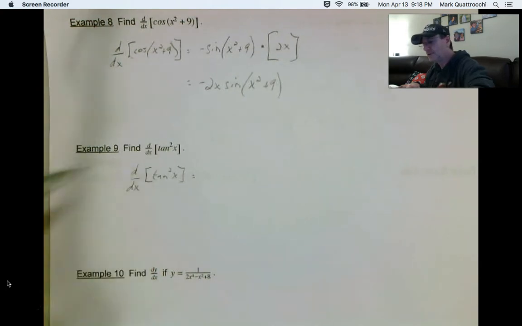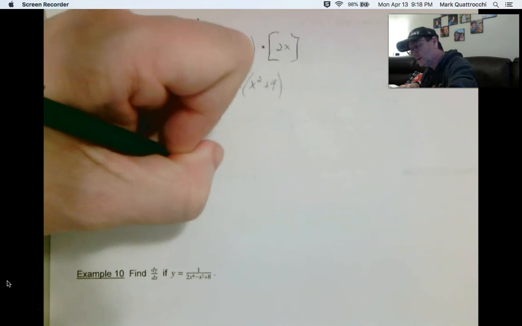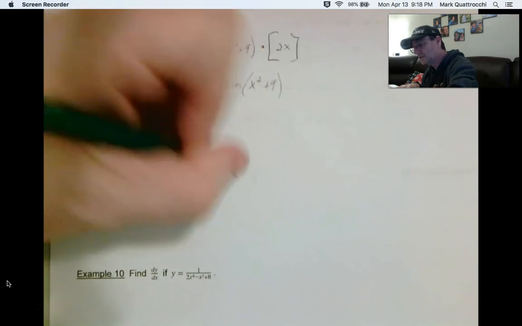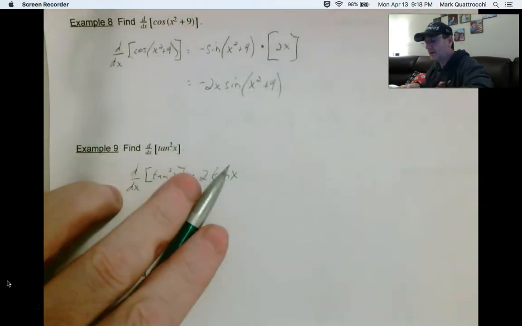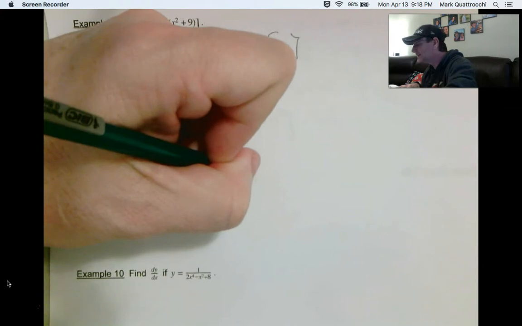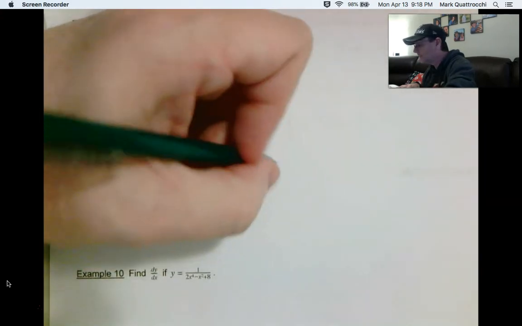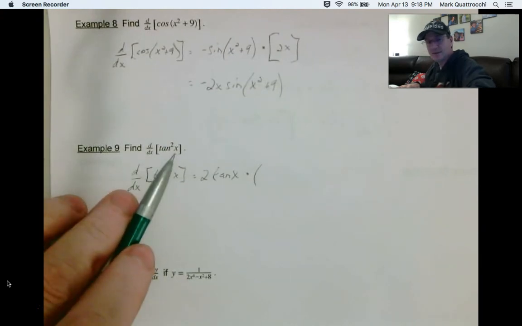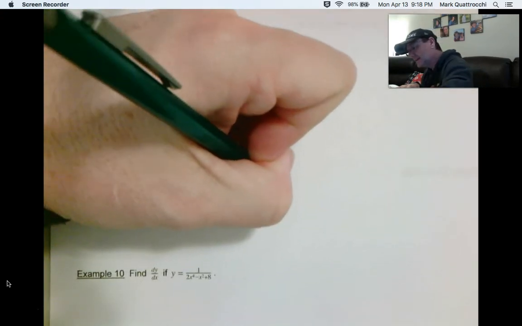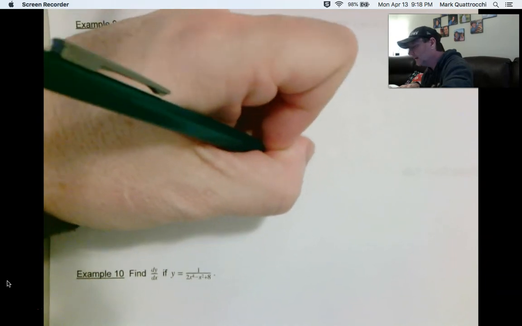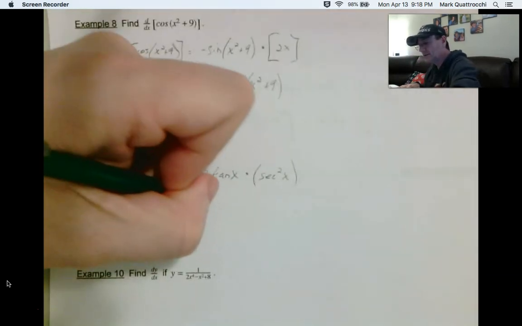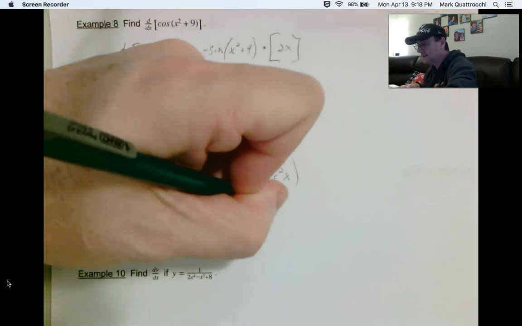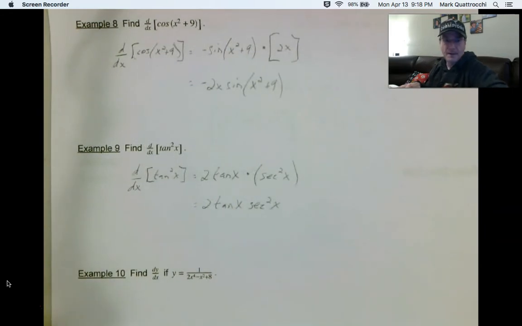So the outer function is the power rule: 2 times the inner function untouched, subtract 1 from the exponent, times the derivative of the inner function. The derivative of tangent is secant squared x. Final answer, 2 tan x secant squared x. That's example 9.